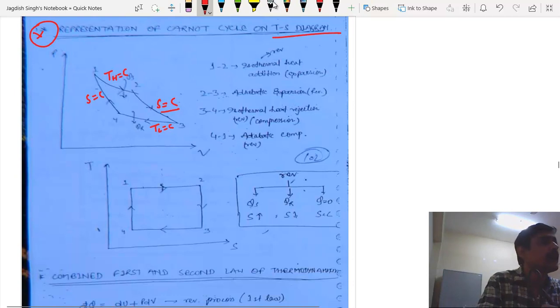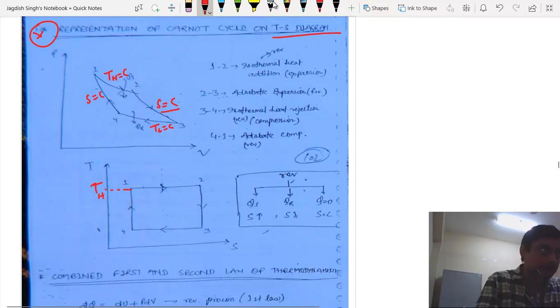Since process 1 to 2 is isothermal heat addition, this line will be horizontal because the temperature is constant. This temperature is TH, right? So 1 to 2 is the isothermal heat addition process, and the temperature will remain constant.